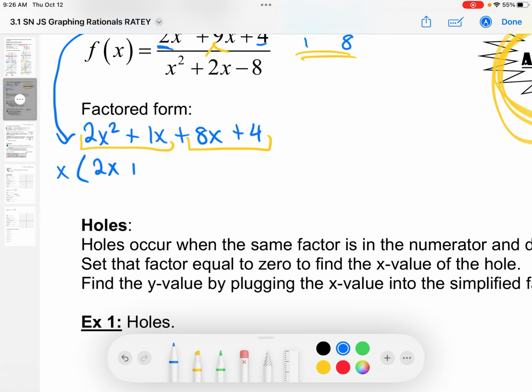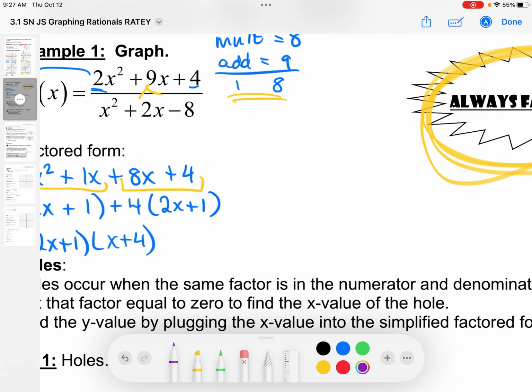So as we divide out an x from each of those, we get 2x plus 1. Bring down the sign between the groups. 8x plus 4 has a greatest common factor of 4. Divide each of those terms by 4. We get 2x plus 1. So that numerator factors as 2x plus 1 times x plus 4.